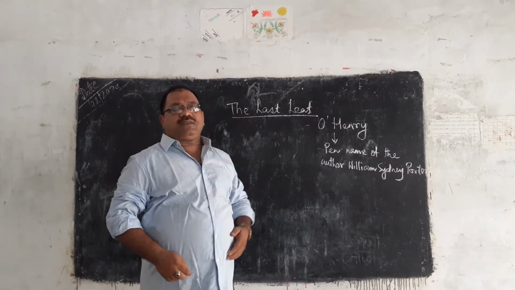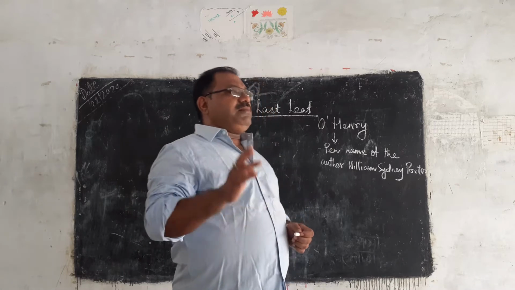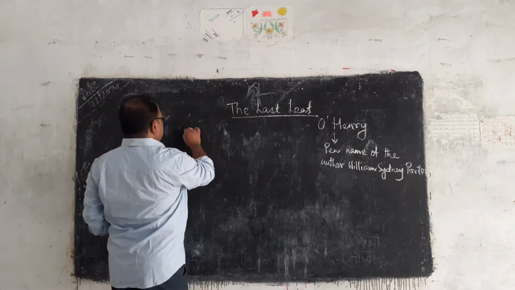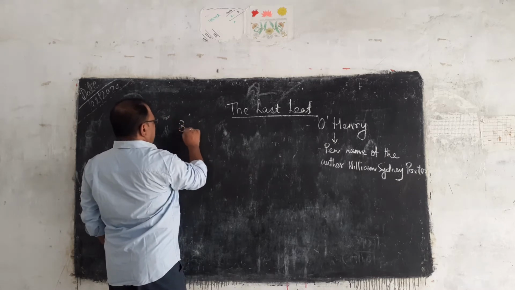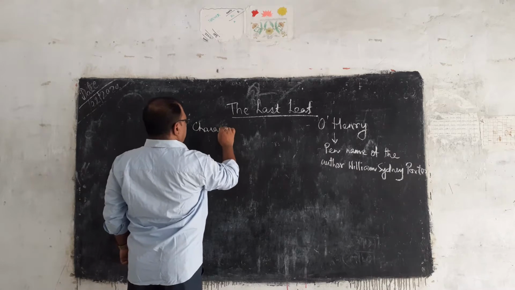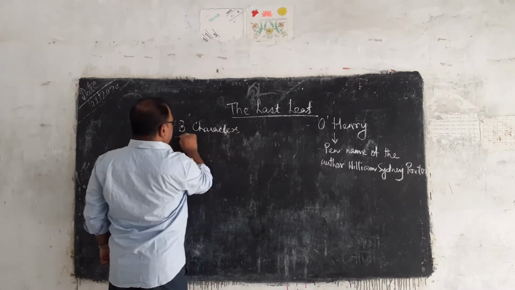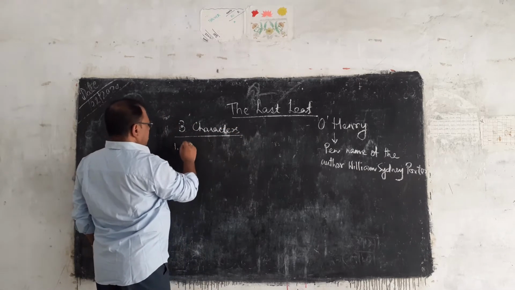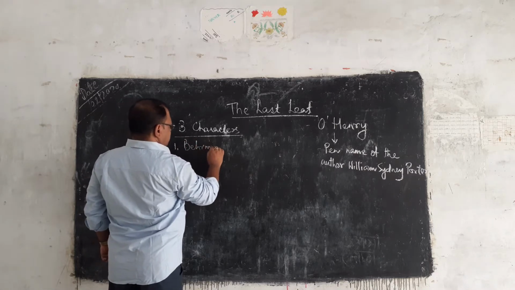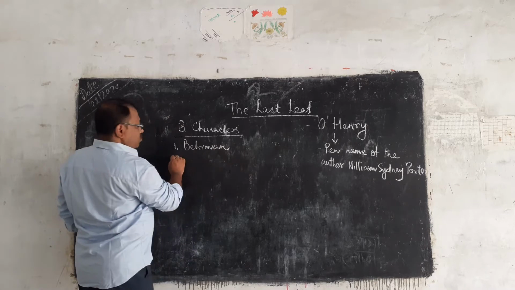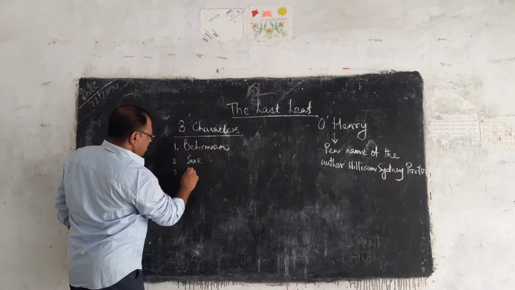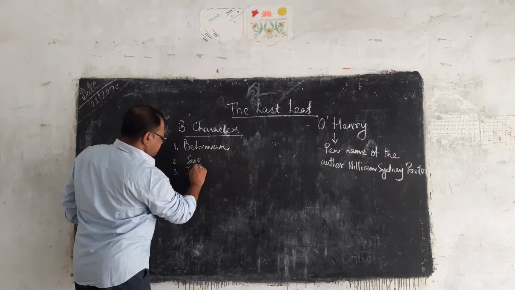In this story, The Last Leaf, there are three main characters: one, Berman, number two, Sue, and number three, Johnsy.